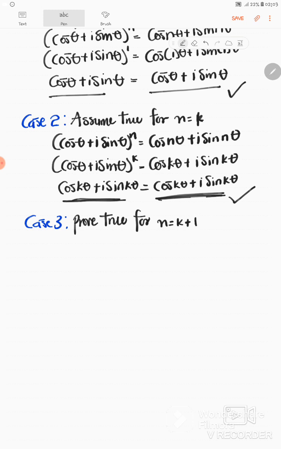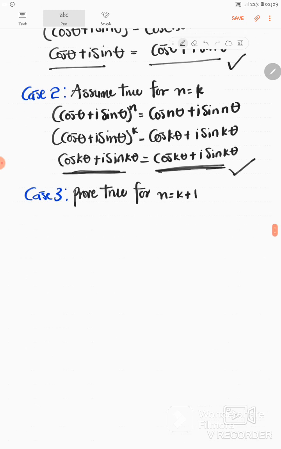This is going to be a bit complex because we're going to add our knowledge of trigonometry into it and any knowledge you can find. Now, third case, prove true for n equals k plus 1. That is, anywhere you see n, you put k plus 1.